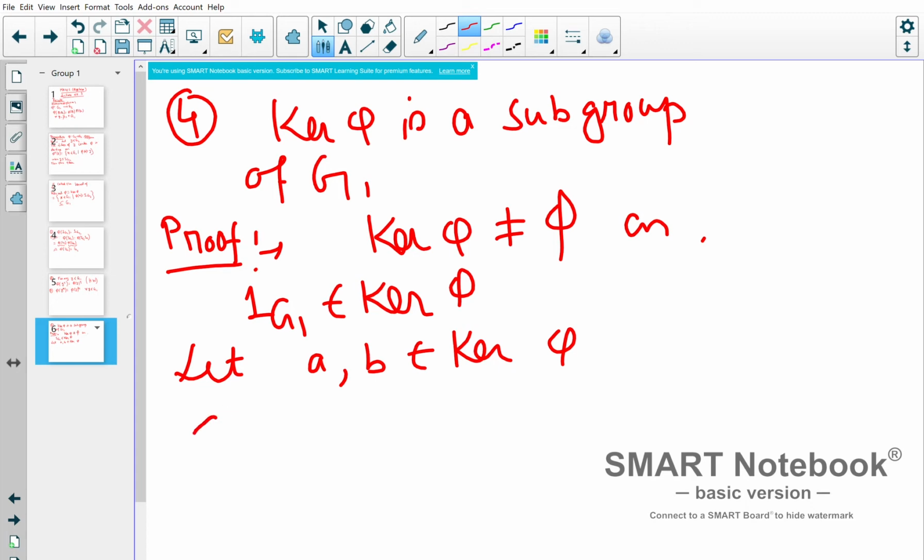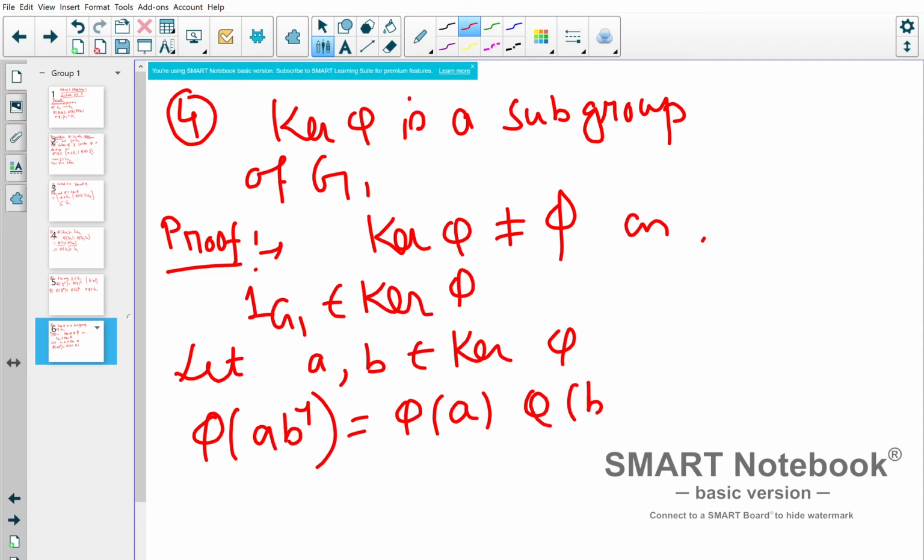You need to check whether phi of A B inverse is the identity or not. Now how do you check phi of A B inverse? This is again a property of homomorphism. It will give you phi A into phi B inverse, right? But we know that phi B inverse equals phi B whole inverse.